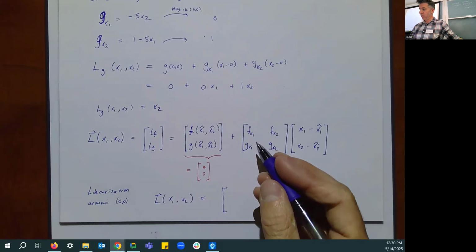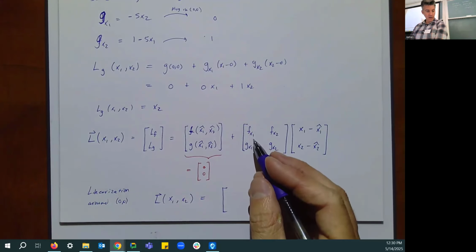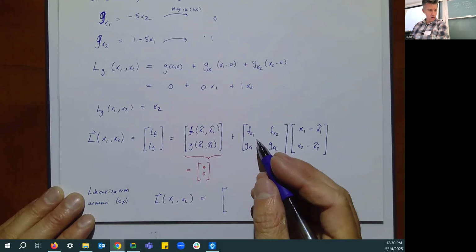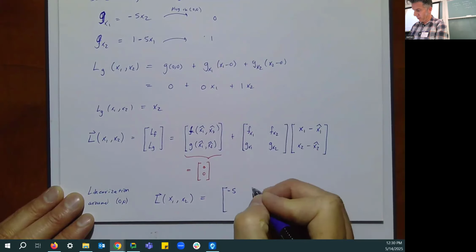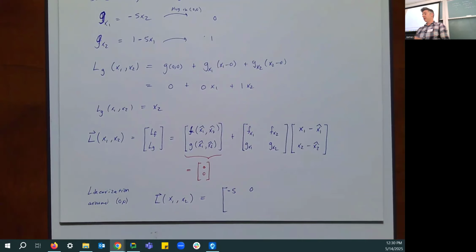They were, the fx1 happened to be -5. My fx2 is 0. And this, again, I should point out, this is fx1, fx2, gx1, gx2 evaluated at the equilibrium.